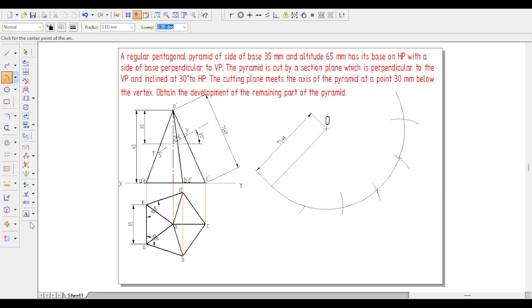Also we can give the names here by using the text command. Starting with this, this is A, this is B, C, D, E, and back to A. That one you need to take care. Then connect this one.